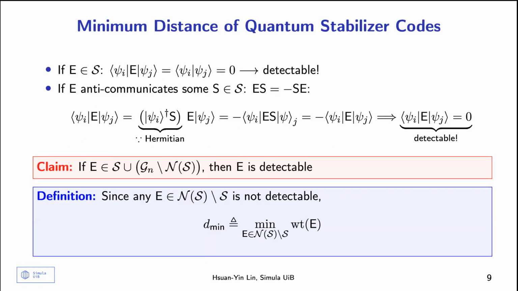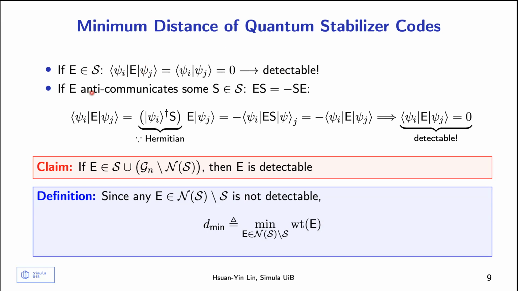Yes, so remember we have the undetectable definition for the general quantum code, but now we tailor ourselves to just quantum stabilizer codes. And how do they define the distance? By using the structure of quantum stabilizer codes. So you can prove actually two things. If you have error operators belonging to the stabilizers, and you can satisfy this condition, which is the detectable condition.